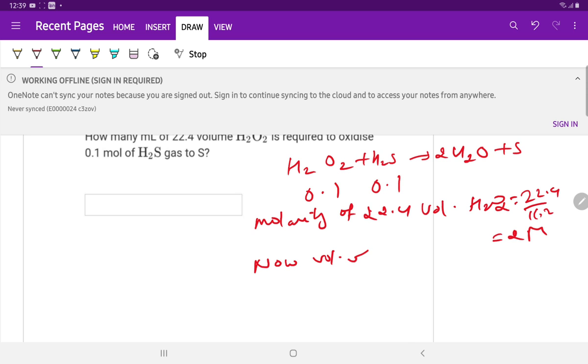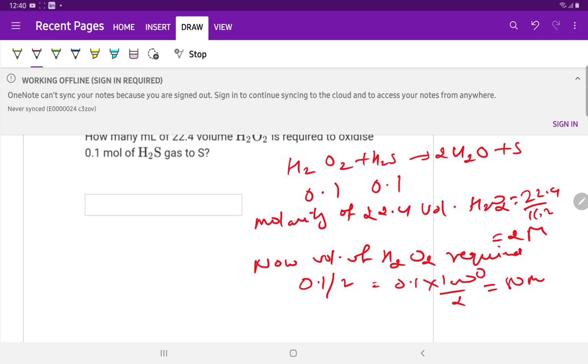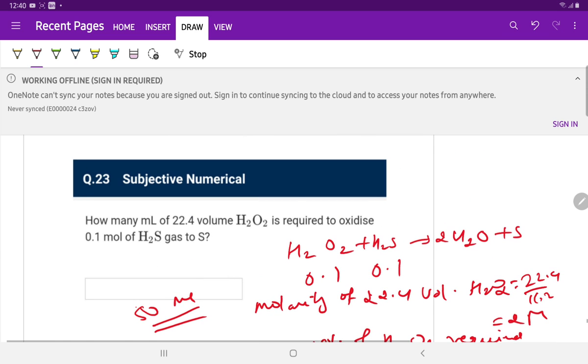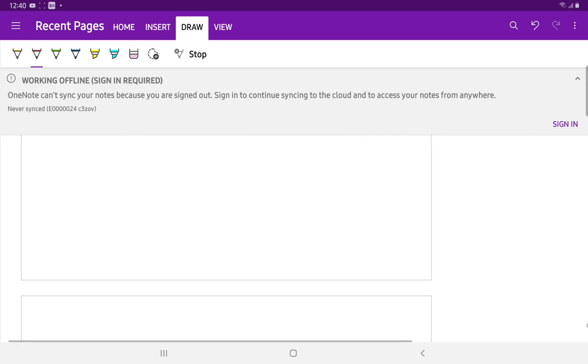Now volume of H2O2 required is 0.1 by 2, in ml 1000 by 2, which is equal to 50 ml. So the answer is 50 ml to oxidize 0.1 mole of H2S gas into sulfur.